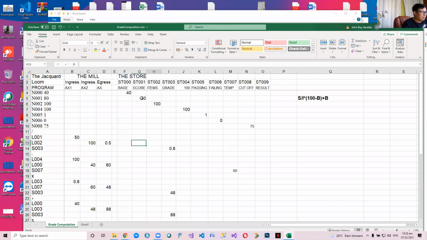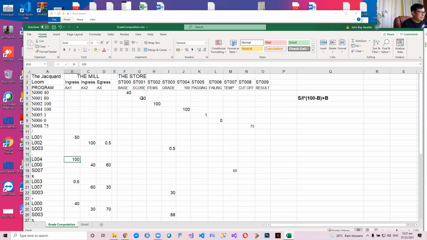This becomes 0.5. 40 plus 30. I hope you follow, no? 40 plus 30. Now, what we're trying to do is trace this again. Our score is 50, so this becomes a 0.5 instead of a 0.8.